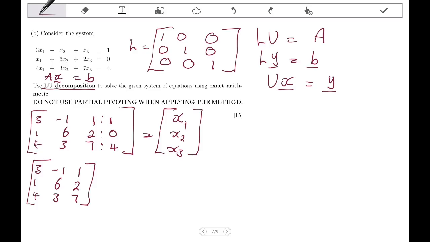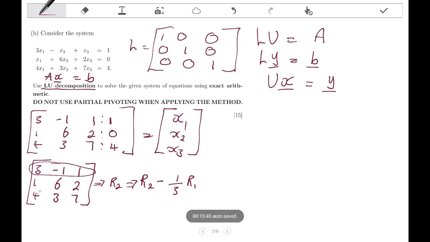So here, to reduce this one, I'm going to say row 2 tends to row 2 minus, remember that I will take this one here, 1 divided by 3, multiplied by row 1. I will use row 1 to reduce row 2 and row 3. That's what I'm going to use.